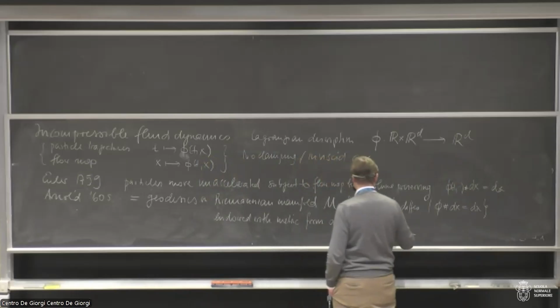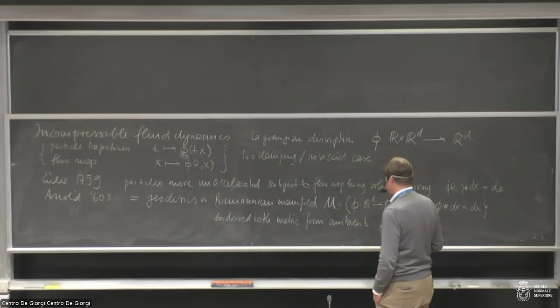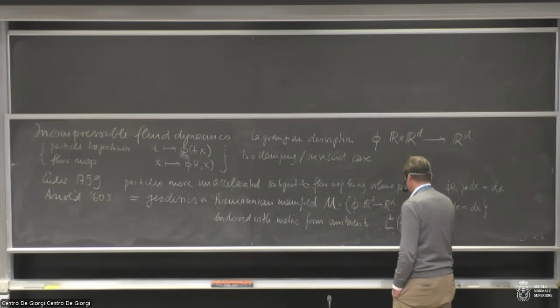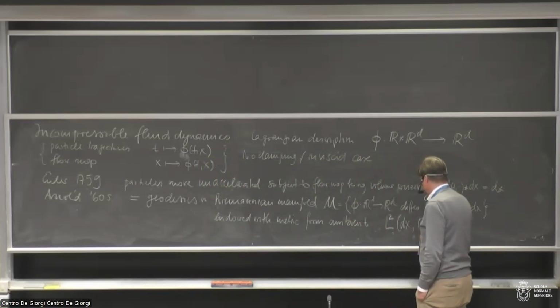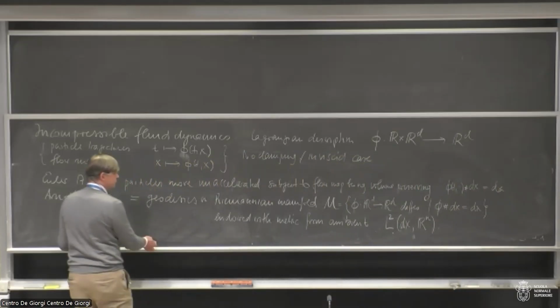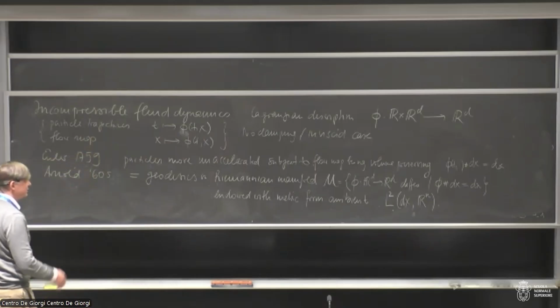And the ambient space, so the tangent space, would be vector fields on Euclidean space. And when I mean the ambient space, I mean the ambient L2 space with respect to the Lebesgue measure with values in R^n. So this is, in a certain sense, almost tautological, but of course he didn't stop there.